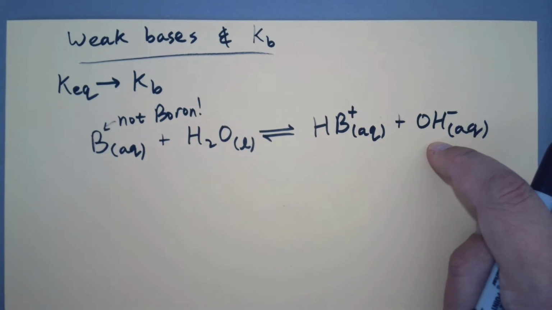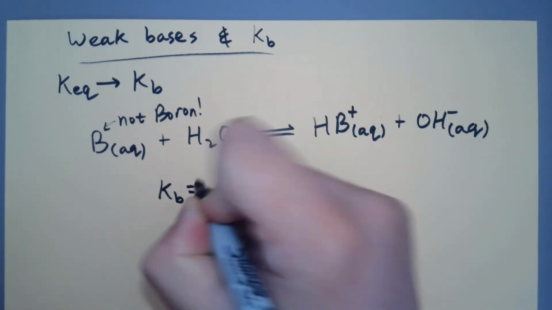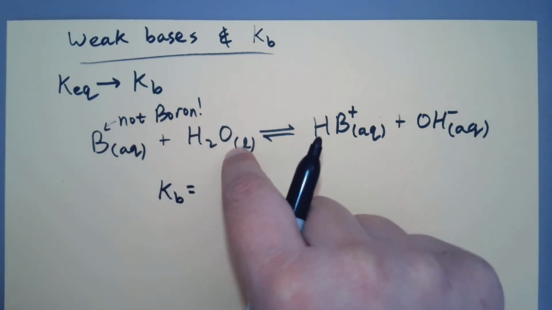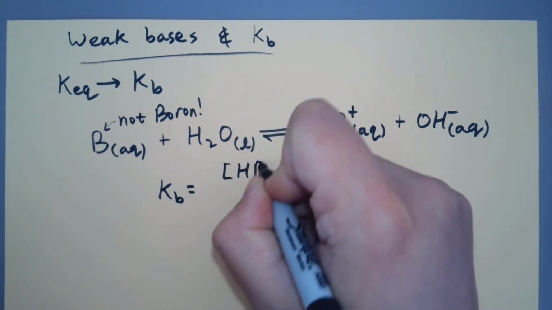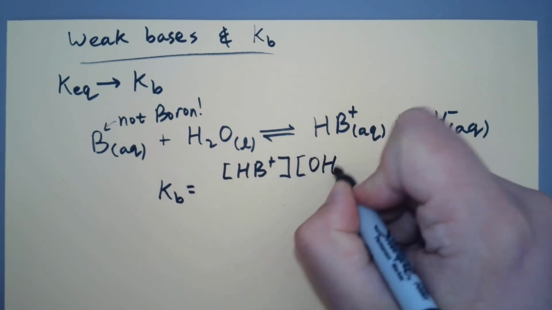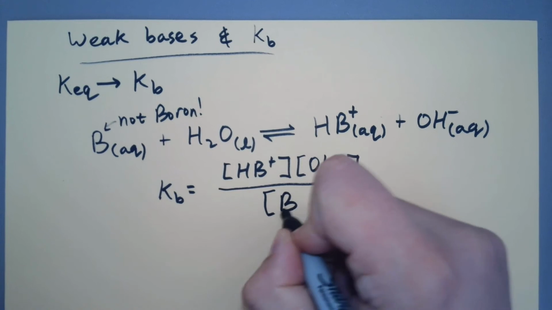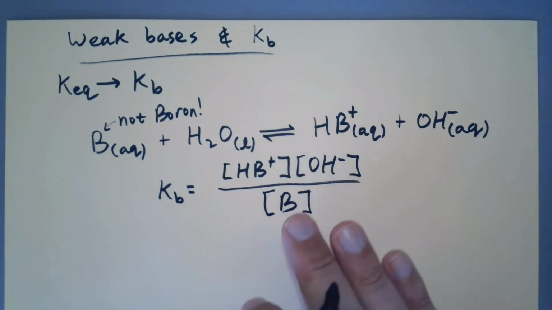So, what's our expression for Kb look like? Well, again, it's just the products over the reactants. Water's not going to factor in because it's a liquid. And so it'll be concentration of HB plus times concentration of OH minus, all of which is over concentration of B. And again, this would be a number.